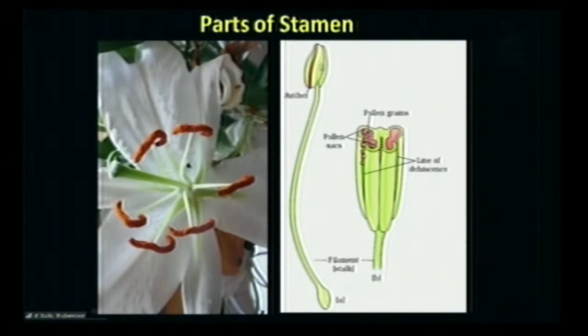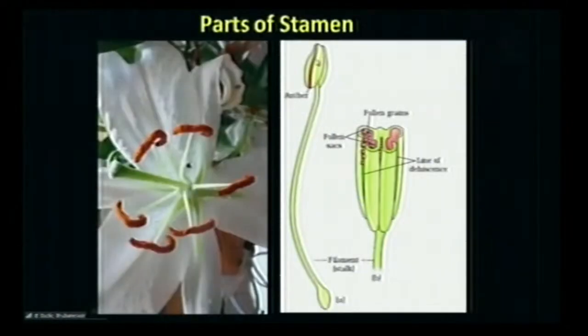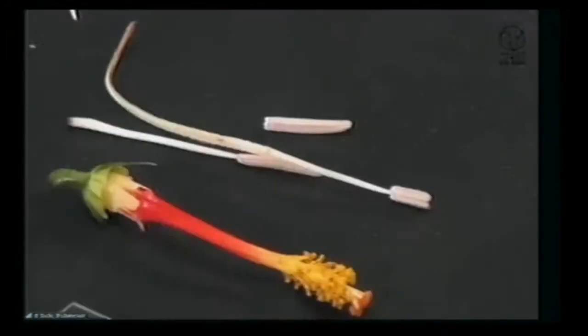Each anther lobe again has got two longitudinal lobe-like structures. This is one and this is one. So these two are called theca. This is a theca, this is a theca. So in each anther lobe, two theca are present. Such an anther is called a dithecous anther, as there are two theca per anther lobe.